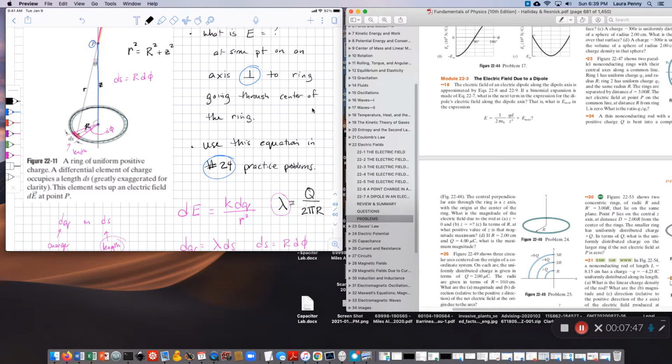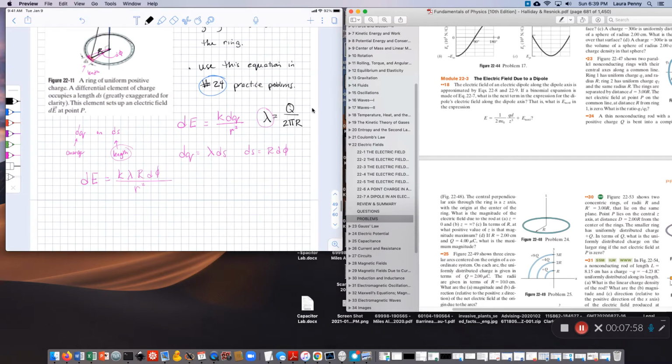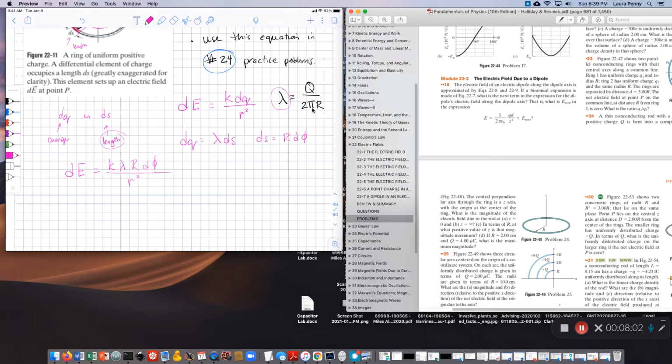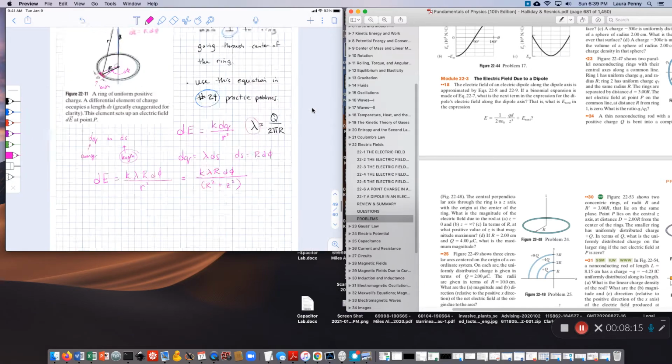We have a triangle between r and capital R, z, and little r is the hypotenuse of that triangle. So I can rewrite this again: dE is k lambda R d phi over R squared plus z squared.